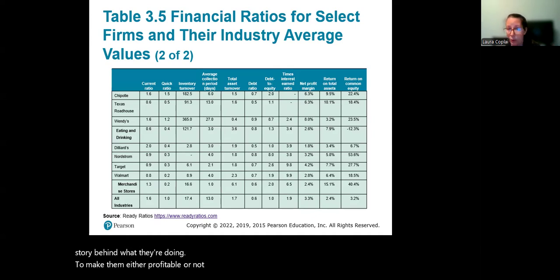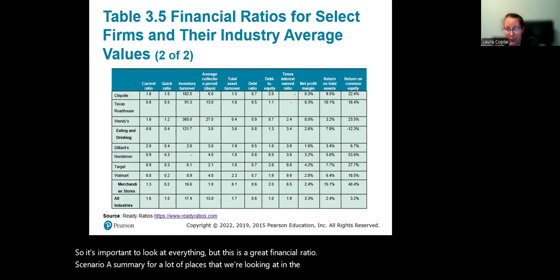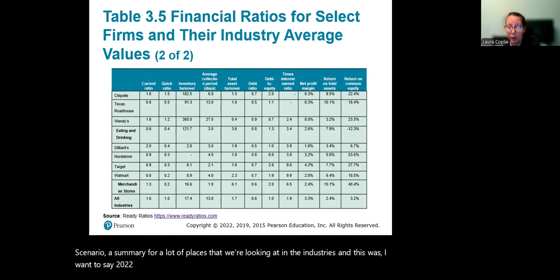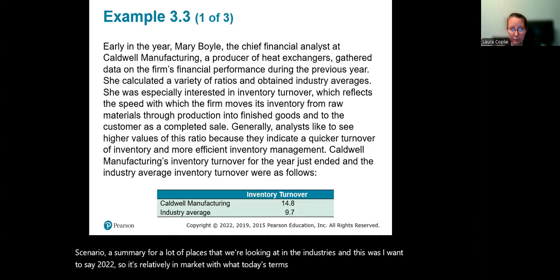So it's important to look at everything. But this is a great financial ratio scenario summary for a lot of places that we're looking at in the industries. And this was, I want to say 2022, so it's relatively in market with today's terms.